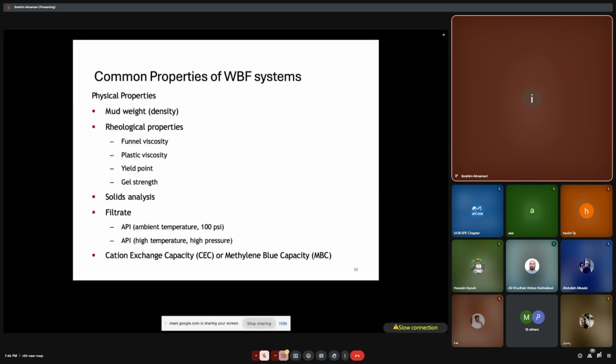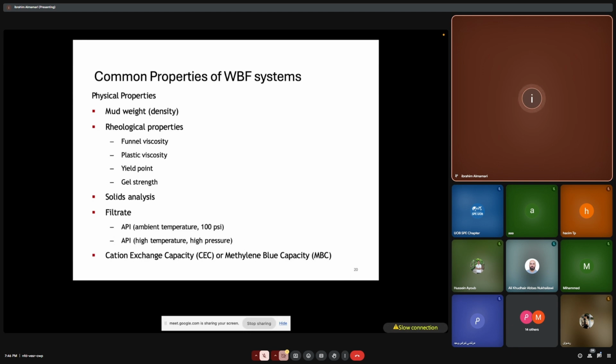We have a person dedicated to it called the mud tester. He measures it every 30 minutes, because an increase in mud weight means something, and a decrease means something. If the mud weight goes beyond what is required, you will have a problem. You will have a stuck pipe, or you are going to have a kick.